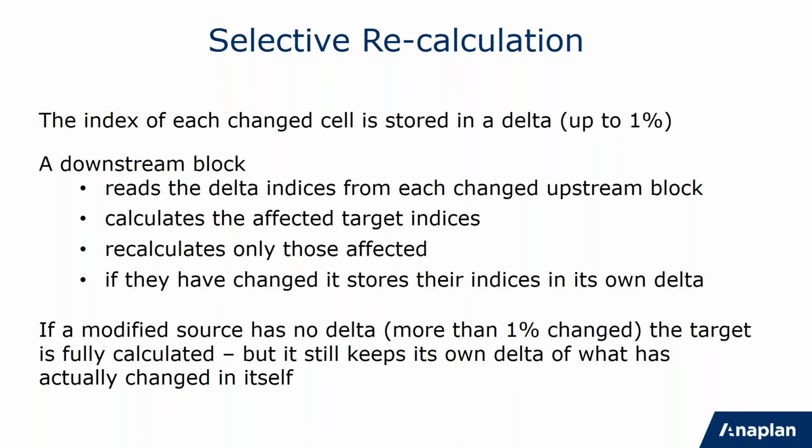Now, if one of those upstream blocks has everything changed in it, then the target completely recalculates. But if less than 1% of the target actually changes, then everything downstream of the target can still do selective recalculation.